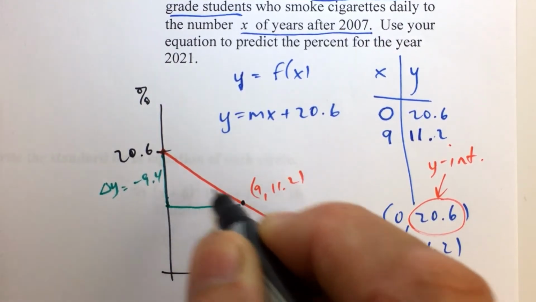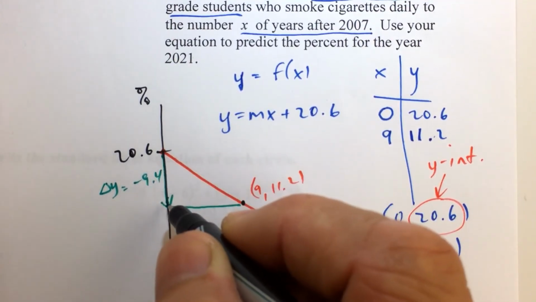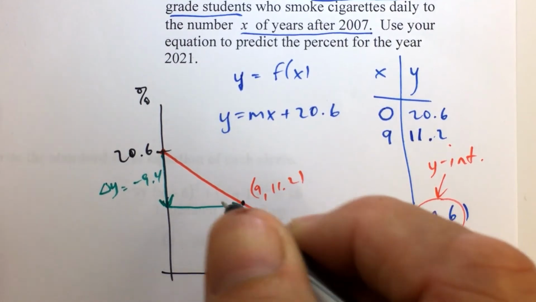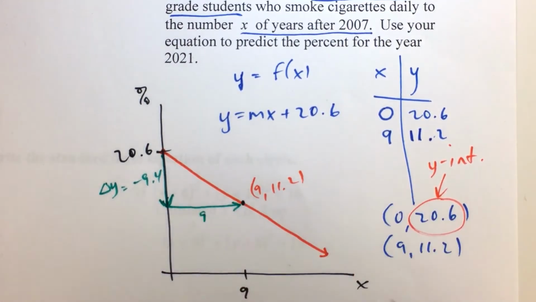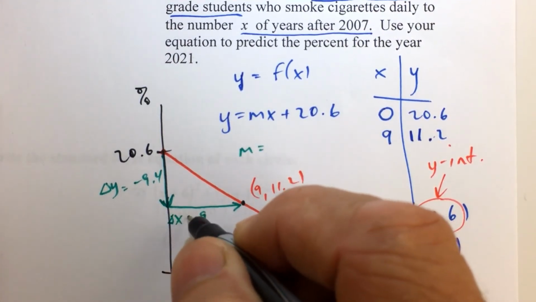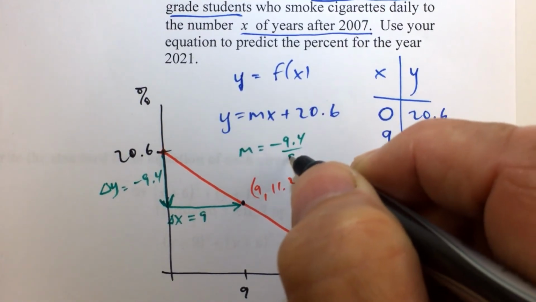If we go down, the rate of change is negative. Then we go over to the right 9 units, which is the change in x. The slope is down 9.4 and to the right 9.